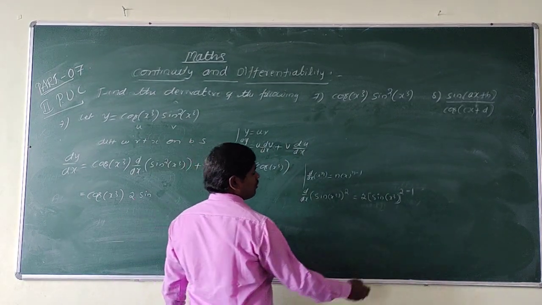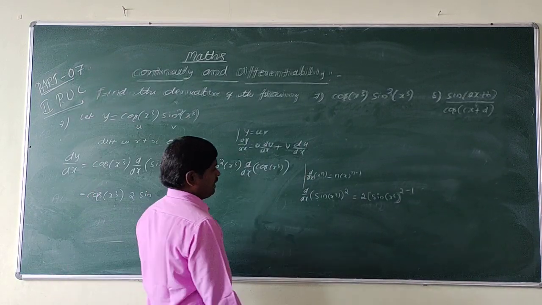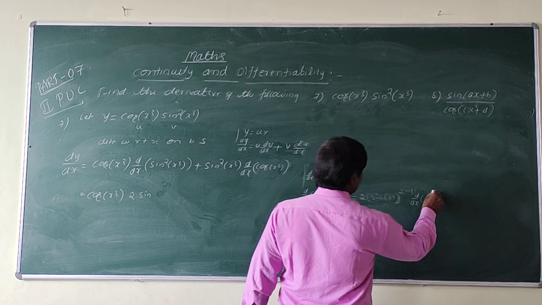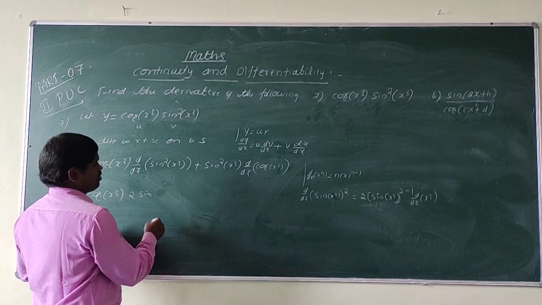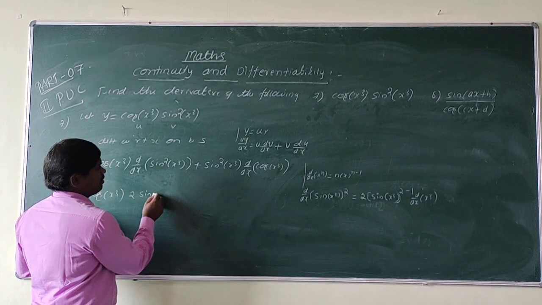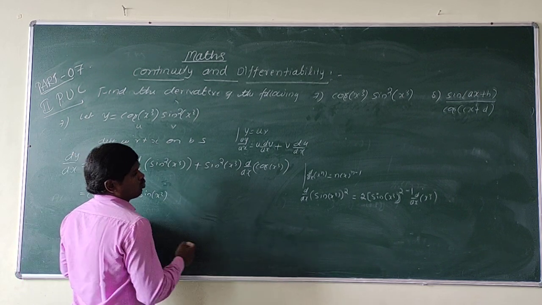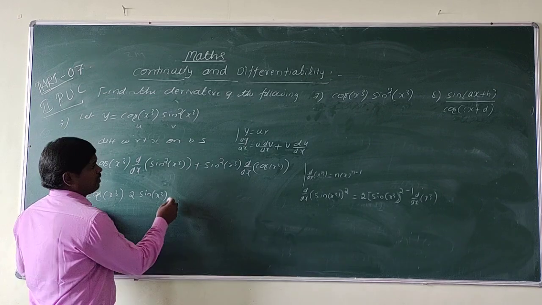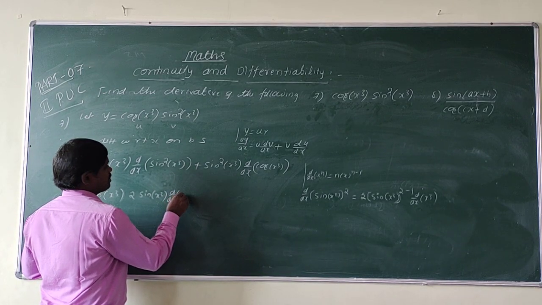Now we are going to differentiate this x cube internally, that is d by dx of x cube. So that is 2 into sine x cube. 2 to the power of minus 1 is 1, so into d by dx of x cube.